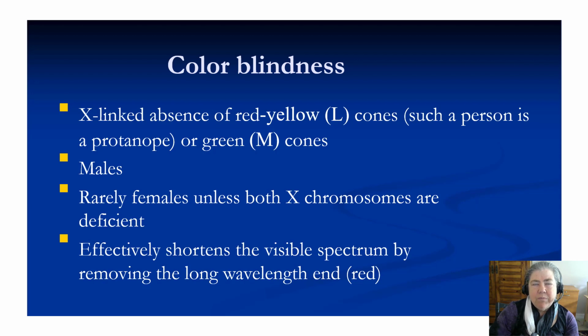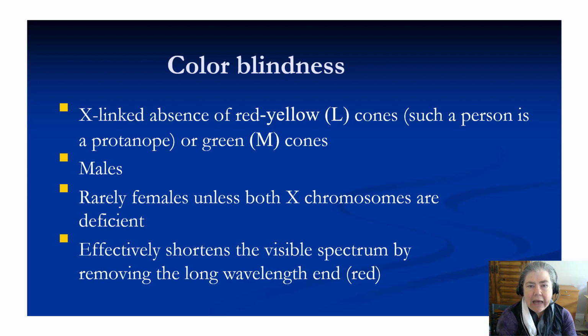So let's talk a little bit more about those cones. As in most individuals, there are three kinds of cones. And when people have a genetic defect where they either have an absence of some of those cones or they have cones that don't function properly because of a genetic change, you can have color blindness.